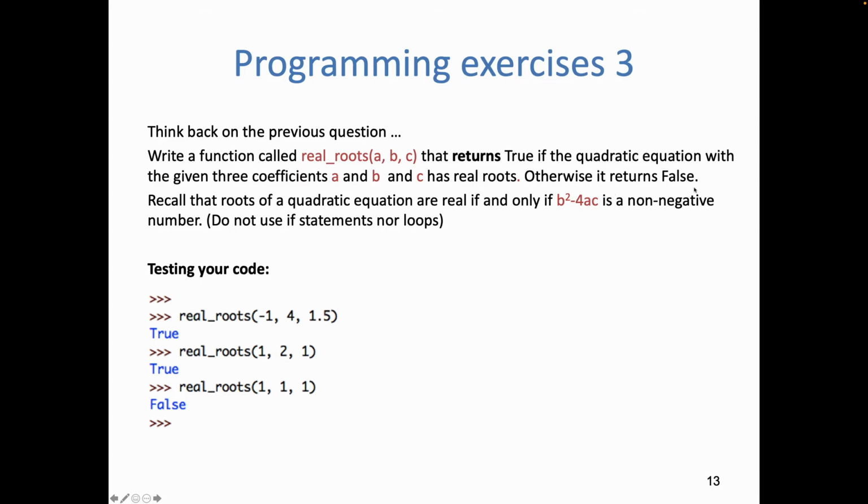Otherwise, it returns false. Recall that roots of a quadratic equation are real if and only if this part is non-negative. Here the requirement is to not use if statements nor loops.